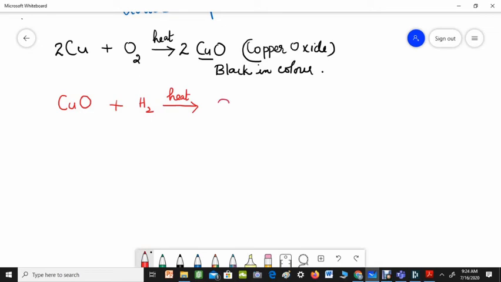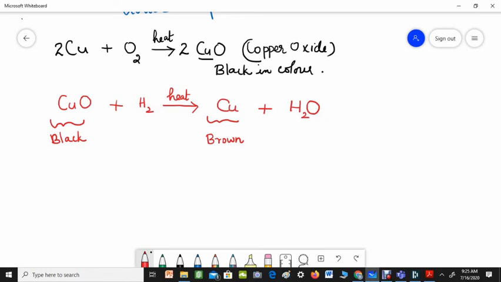Now the product is Cu, copper, plus the remaining part is hydrogen and oxygen. This means H2O will be obtained. As you know, copper is brown in color and the previous reactant is black. So you can see that the black colored copper oxide, cupric oxide, will be turned into brown colored copper.